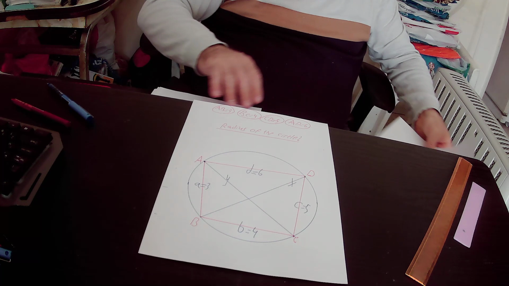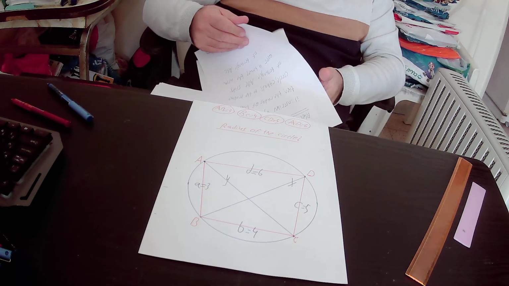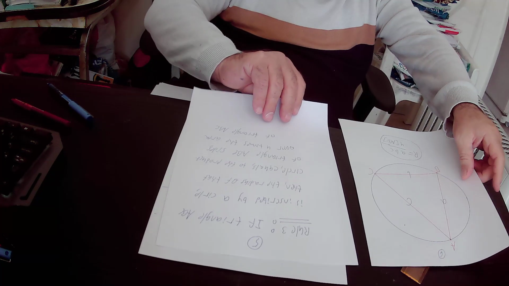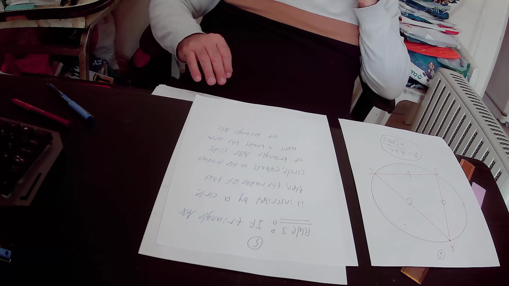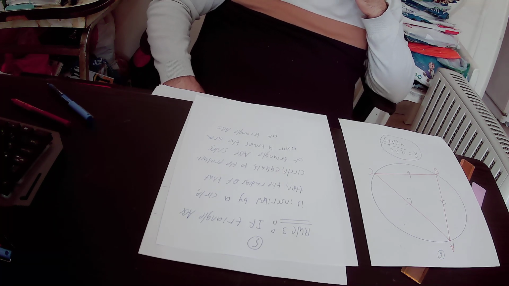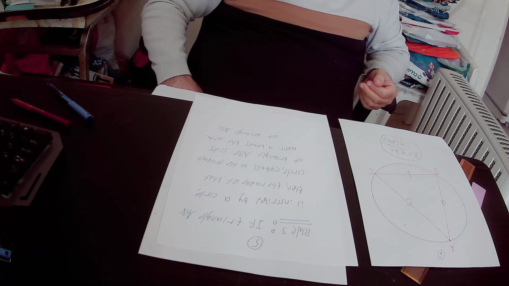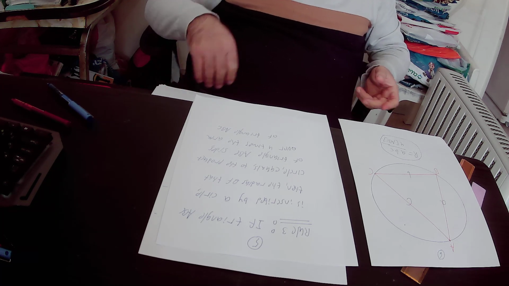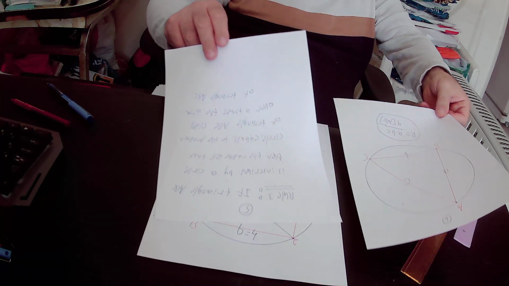And I also presented to you rule number 3. According to rule number 3, if triangle ABC is inscribed by a circle, then the radius of that circle equals the product of triangle ABC's sides over 4 times the area of triangle ABC. So, what is the meaning of rule number 3?